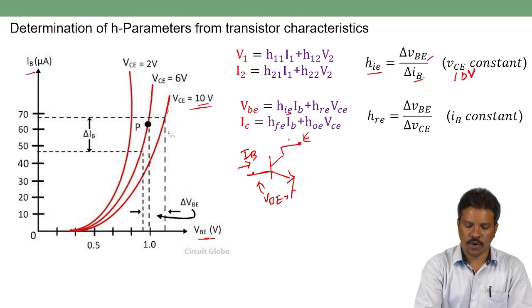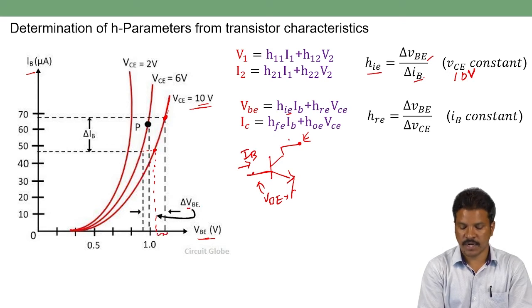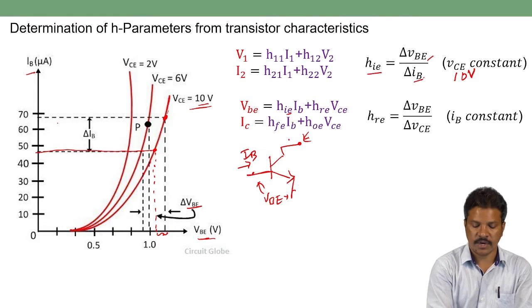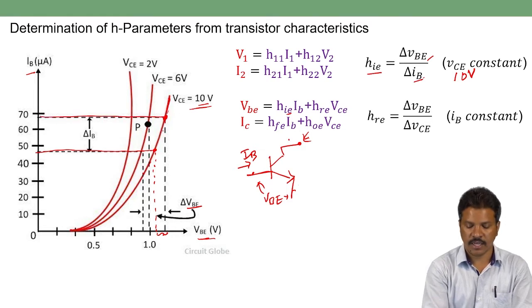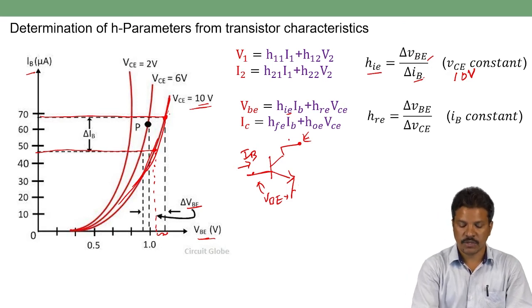Corresponding slope, for example, is this one, a change in voltage. The corresponding change in voltage is delta VBE, and the corresponding current is delta IB in that particular VCE equal to 10 volts graph.